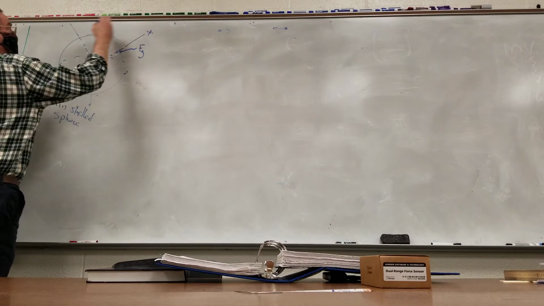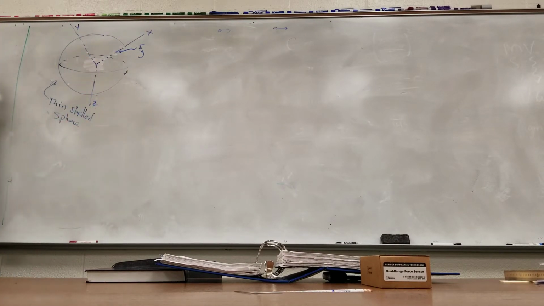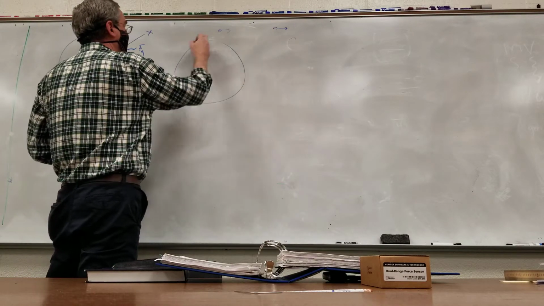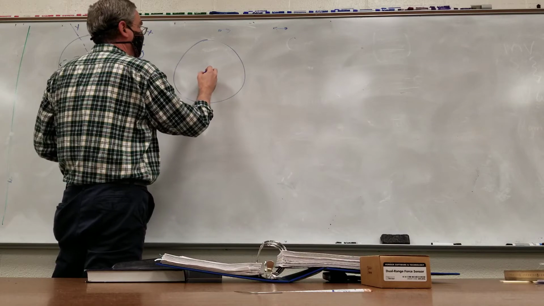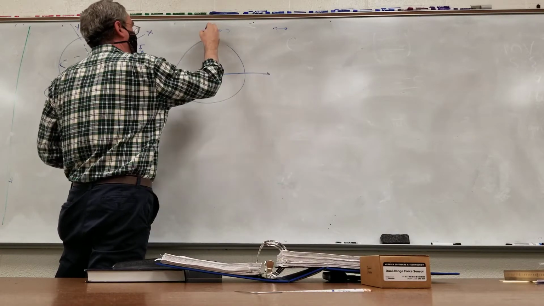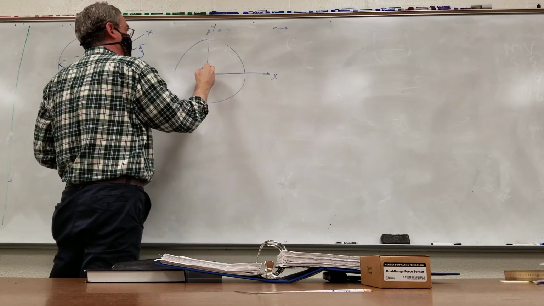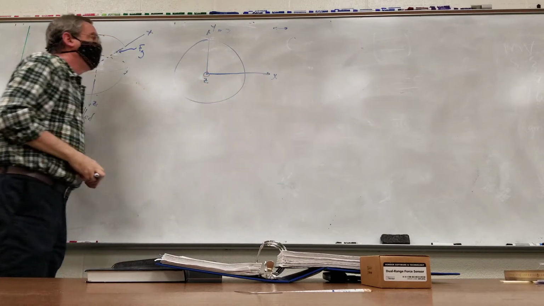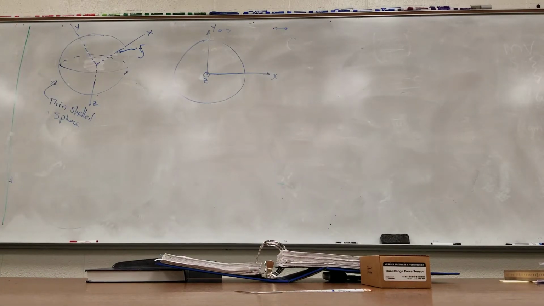So we'll just call that one X, that one Y, and that one Z. I think it's going to end up throwing me, so I'm just going to reorient this. I'm going to take this and just turn it and make a lesser circle. So my X-axis, Y-axis, and then Z is coming right out at us. It's the same thing, I've just reoriented.